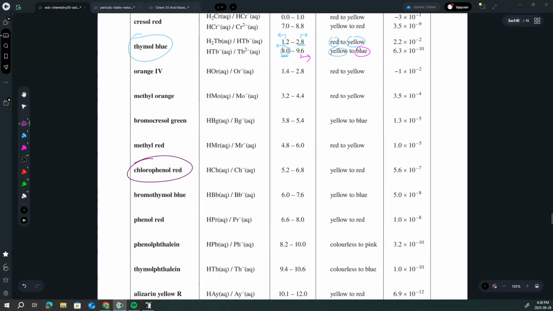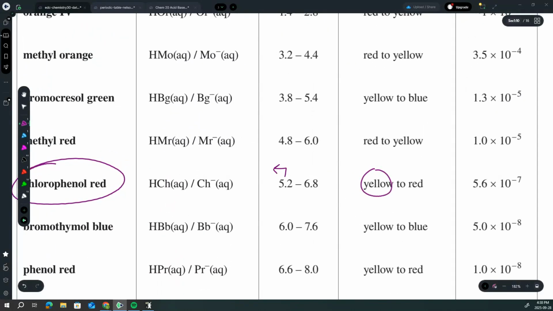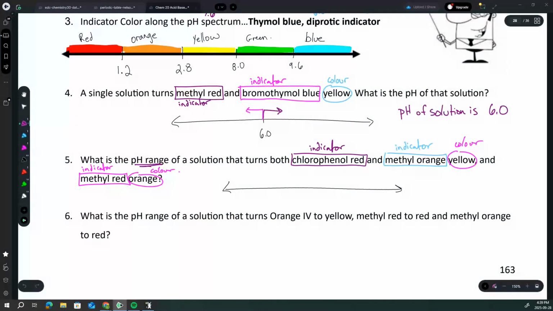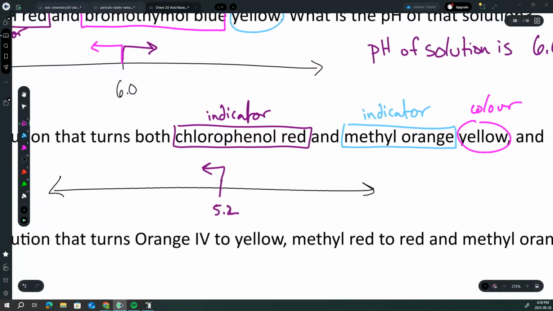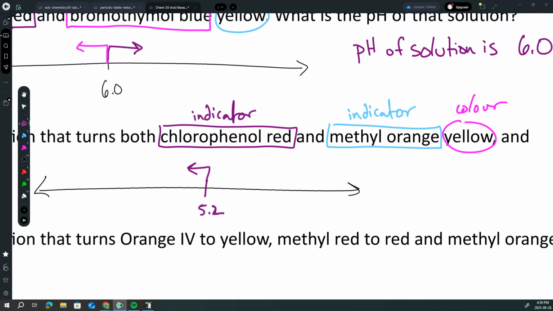Where it's yellow is the left-hand color, left-hand number, so 5.2 and below. So let's write that out: 5.2 and below.